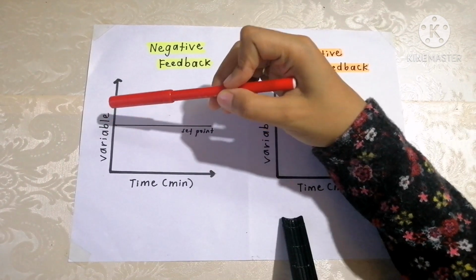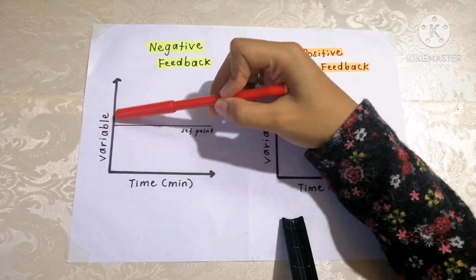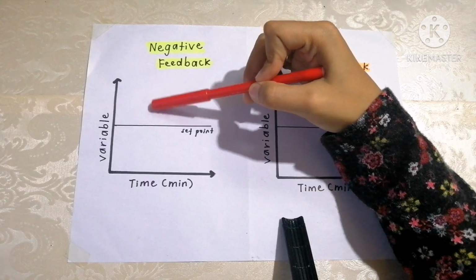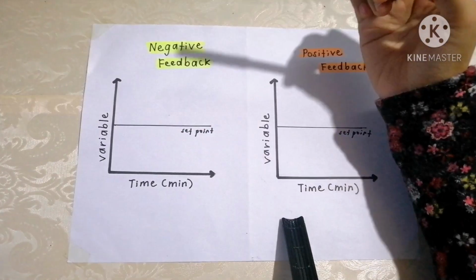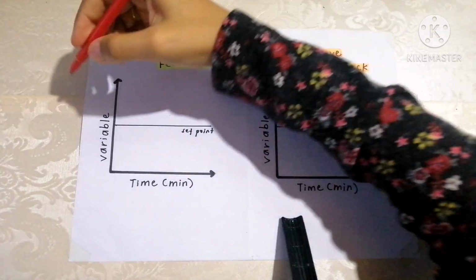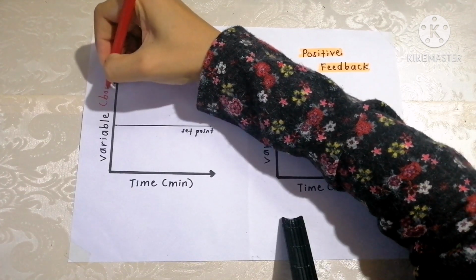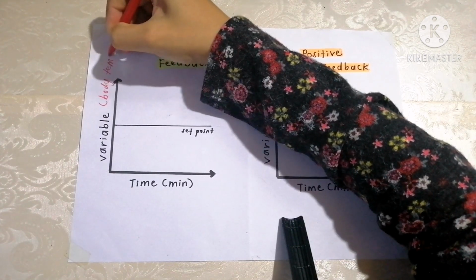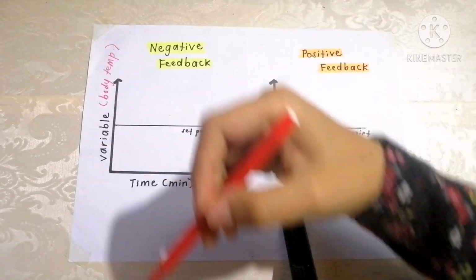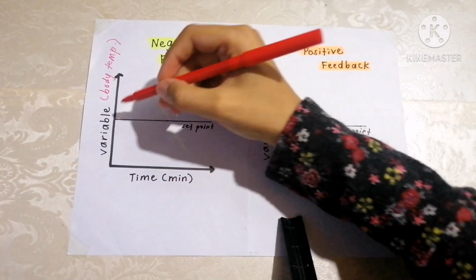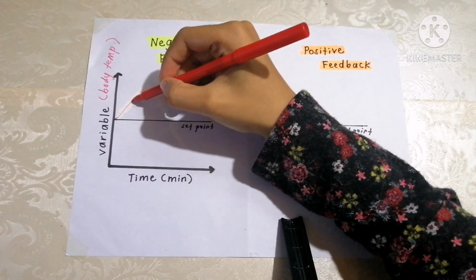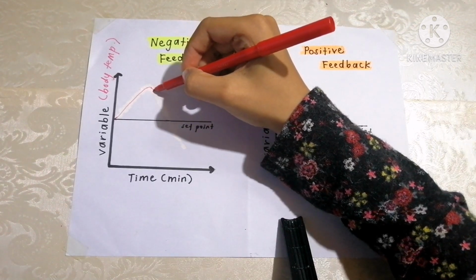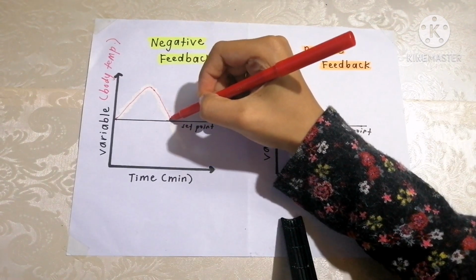Negative feedback is a mechanism when the variable is pushed back toward the set point. In this situation, for example, we use body temperature. If our body temperature increases, negative feedback will push back the variable to the set point.